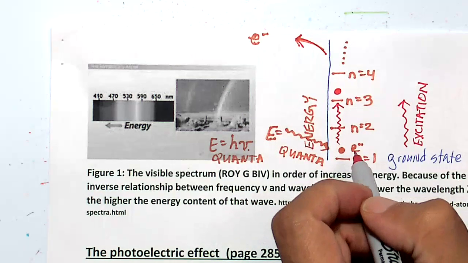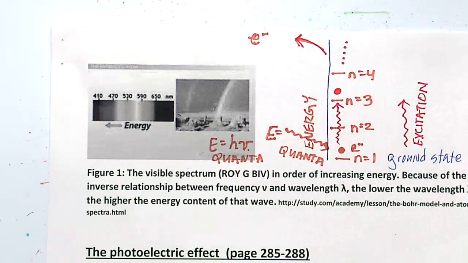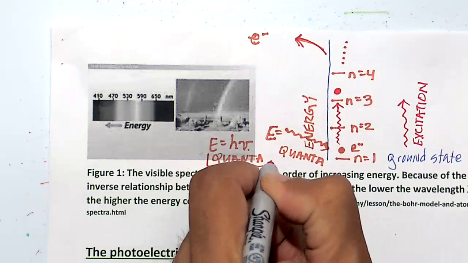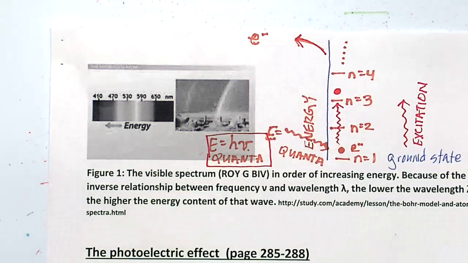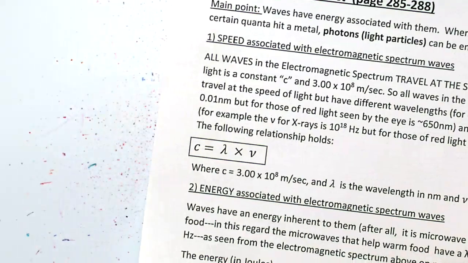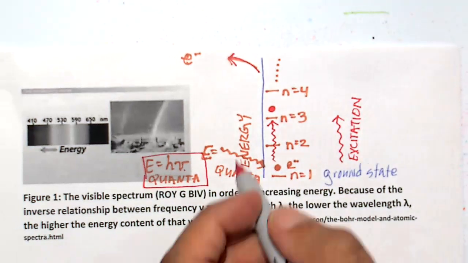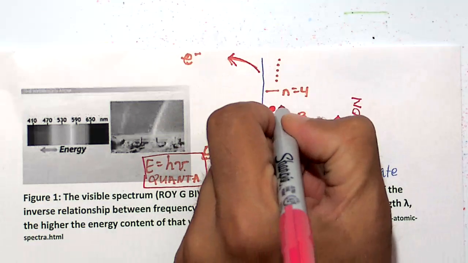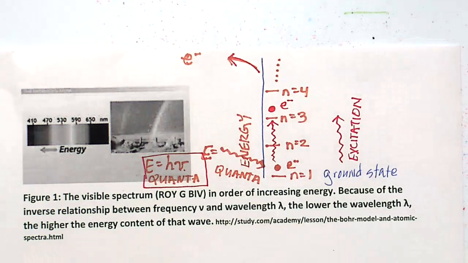All I did was excite it from energy level 1 to energy level 3, with the quanta of energy, hv. This is what I'm talking about here. It's called the photoelectric effect.